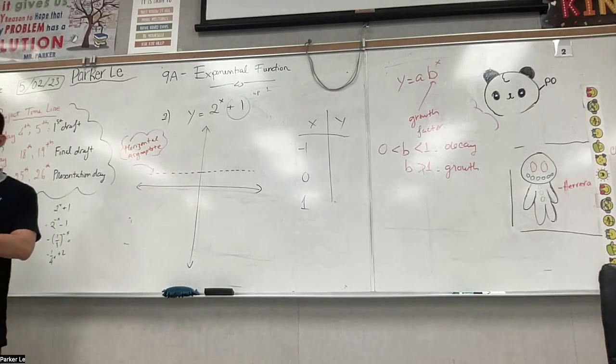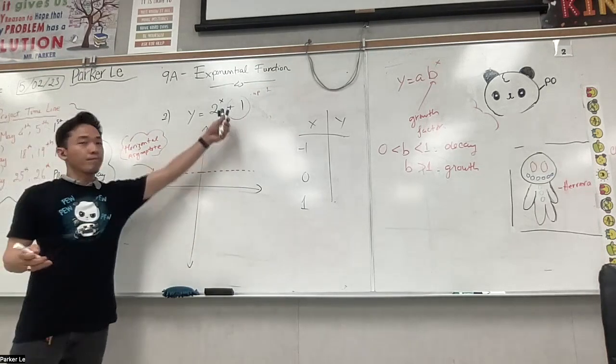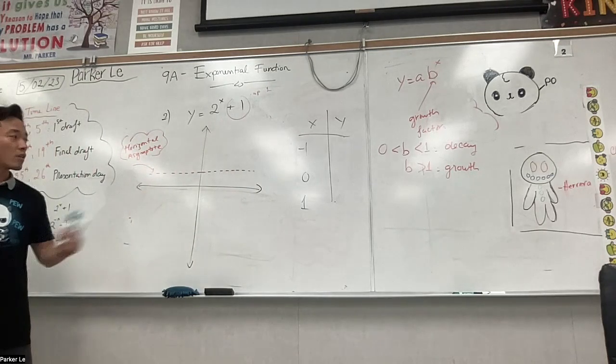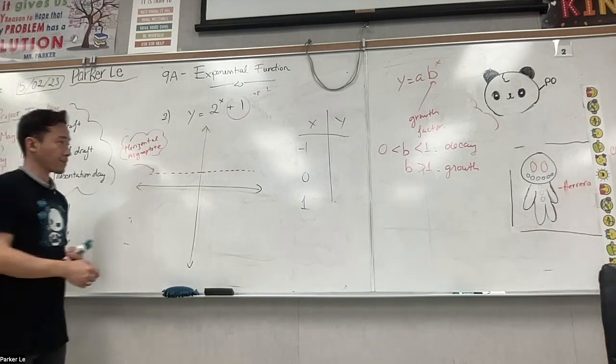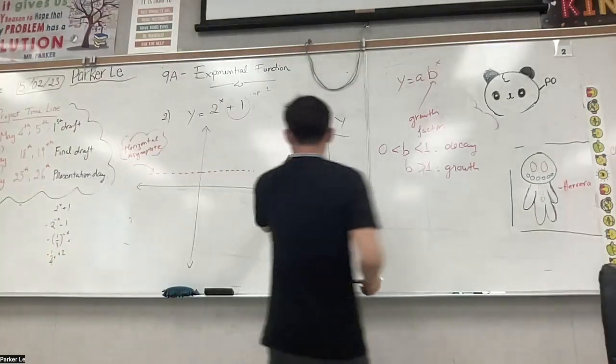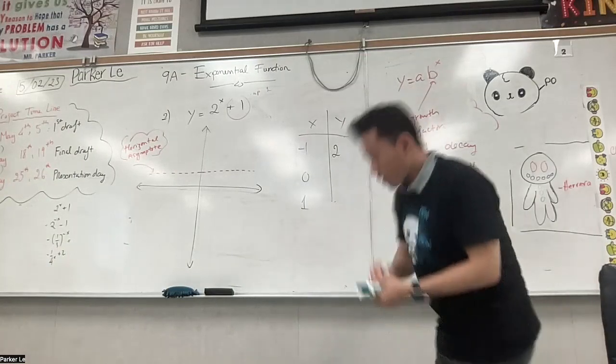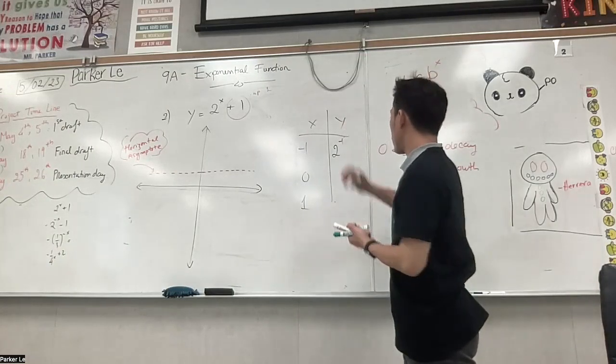Does it make sense? Based on the number that you see, you decide the horizontal asymptote. They're not always on the x-axis. Remember that. Now the easy part, plug in the number. So 2 to the power -1 plus 1.